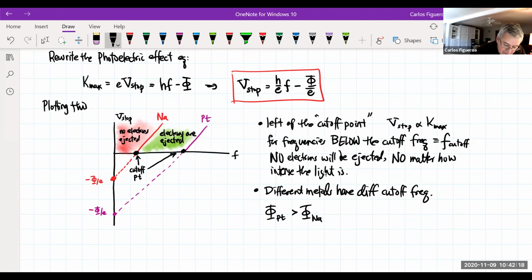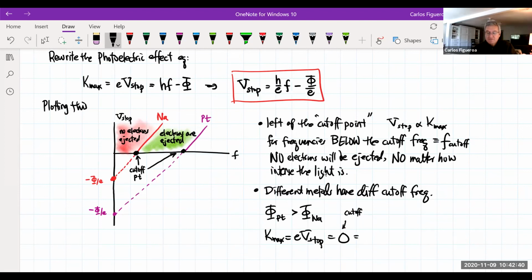So that means when I look at K max, which is e times V stop, at the cutoff frequency, that must be 0.